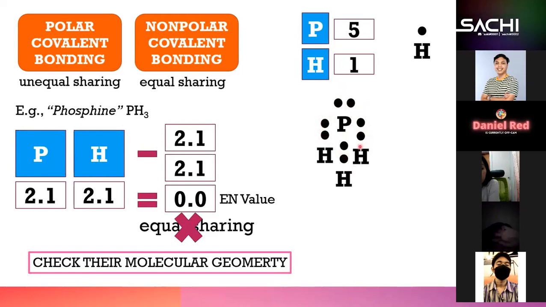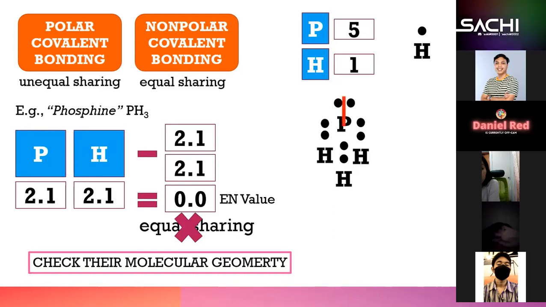If you add all of that, you will have 8 valence electrons. You need to complete the two electrons on each side so that it will have a balanced or stable chemical structure.